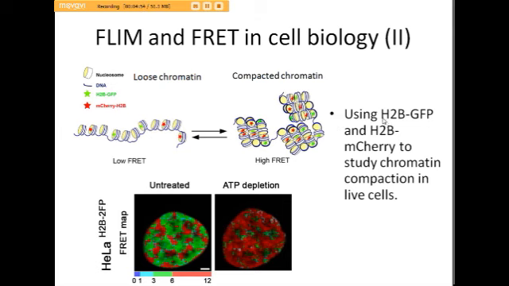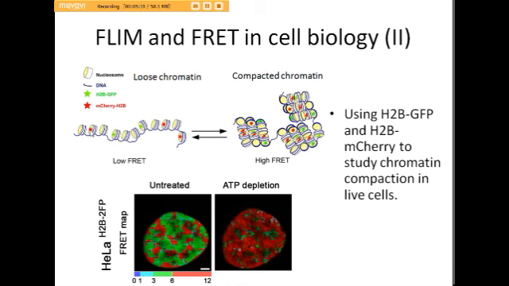Here we use histone H2B fused to GFP and histone H2B fused to mCherry, both transfected into the cell, and the cell expresses both. The GFP or mCherry are incorporated into nucleosomes, because histone H2B is one subunit of the nucleosome. Here is a loose chromatin. This is a nucleosome, these are DNA. Some nucleosomes are labeled by GFP, some are labeled by mCherry-linked histone H2B.